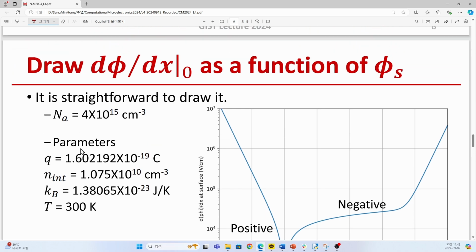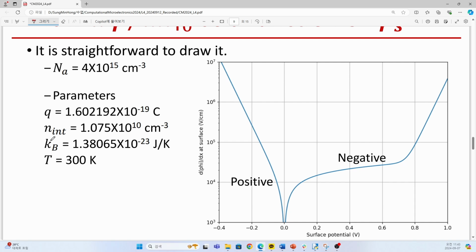So in order to draw this specific example, I have used 4 times 10 to the 15 per cubic centimeter as acceptor density, and my parameters are shown here. Of course this intrinsic carrier density really depends on the temperature, but I assumed 300 Kelvin, and the intrinsic carrier density of silicon is used here.